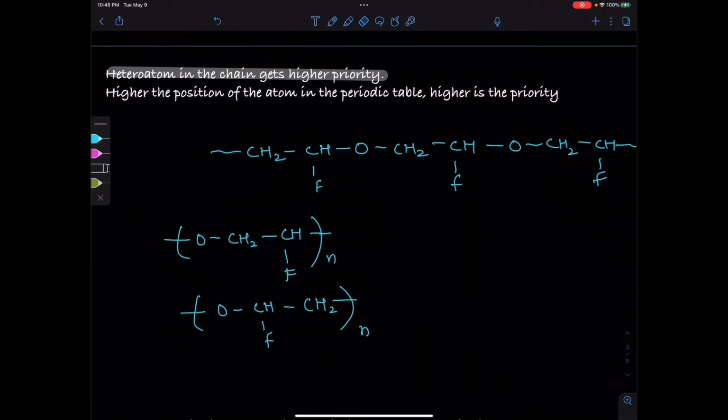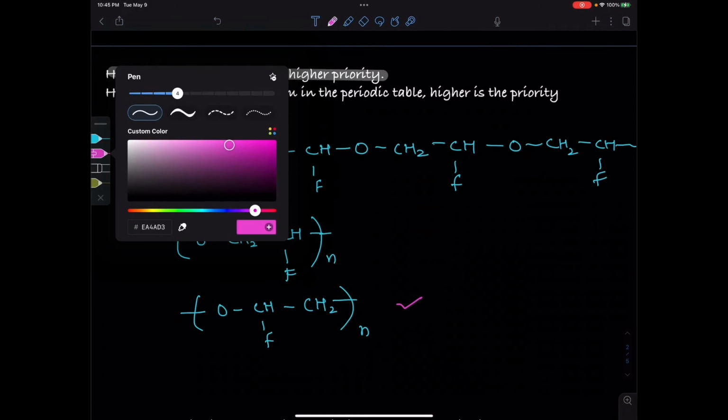Which one would be right? Since we have seen before that the higher substituted carbon gets a higher priority, this should be correct. It satisfies all the rules. It starts with the atom which is higher in the periodic table, which is oxygen, and the higher substituted carbon gets a lower number. So we can count this as 1 and 2.